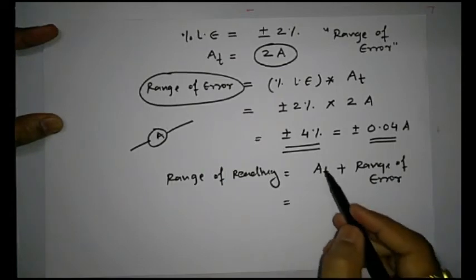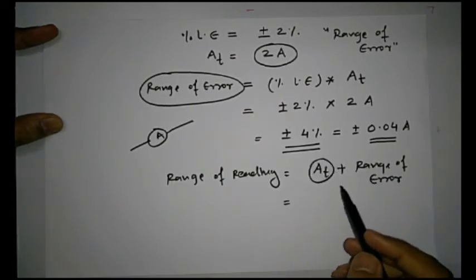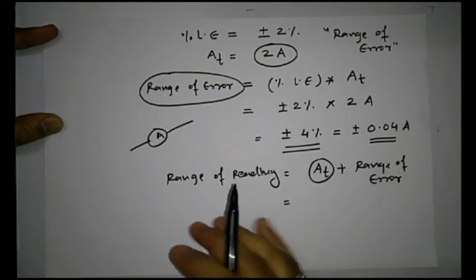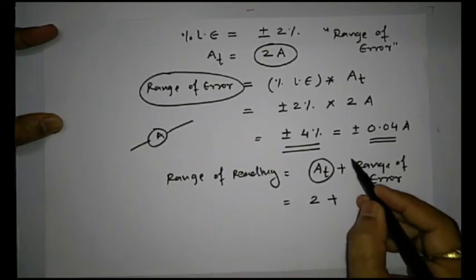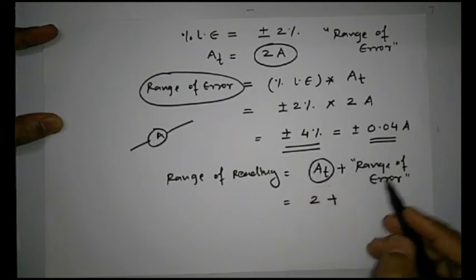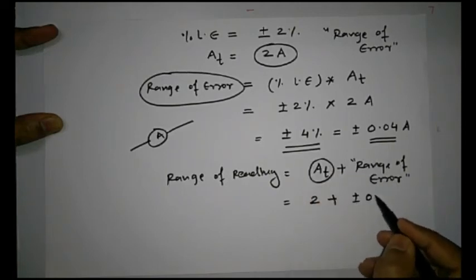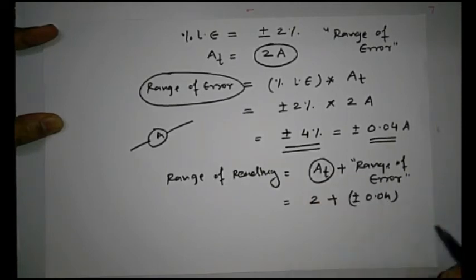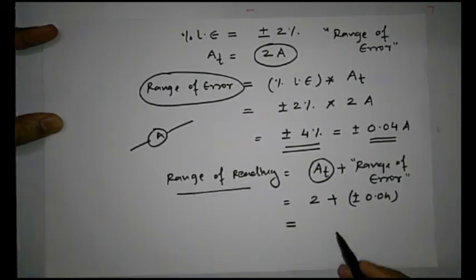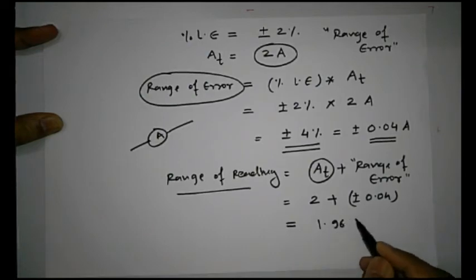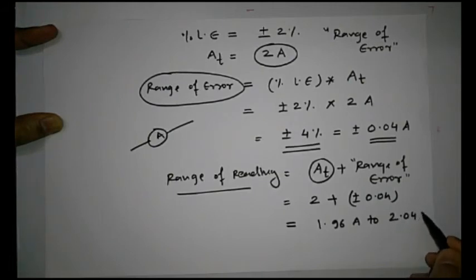So in this case, the actual value of current flowing through the circuit is 2 ampere. So here 2 plus range of error we have calculated as plus minus 0.04. So we can calculate the range of reading as 1.96 ampere to 2.04 ampere, which is very, very important.